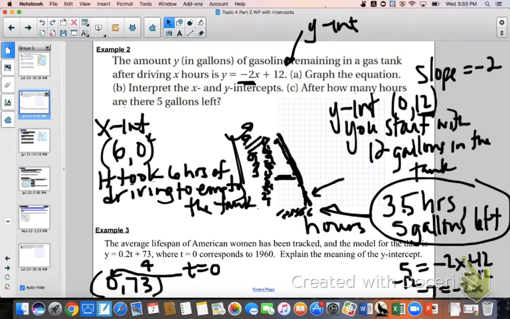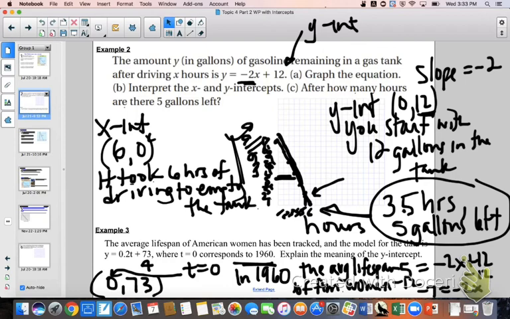So when t equals 0, which corresponds to 1960, the average lifespan of American women is 73 years. Okay, that's what that means.